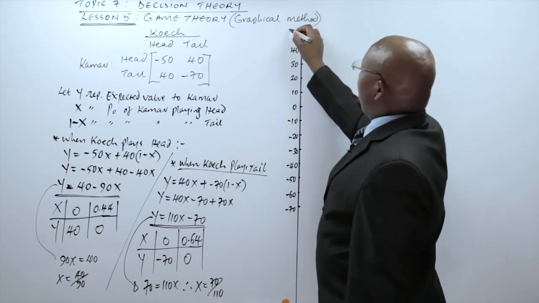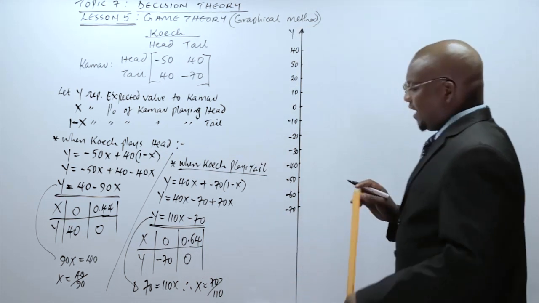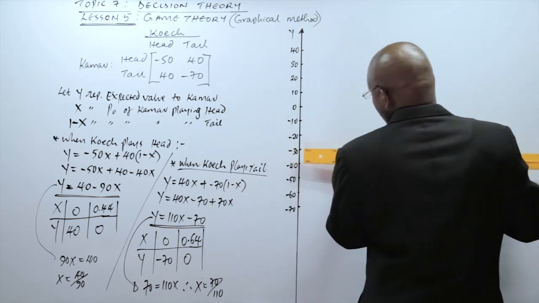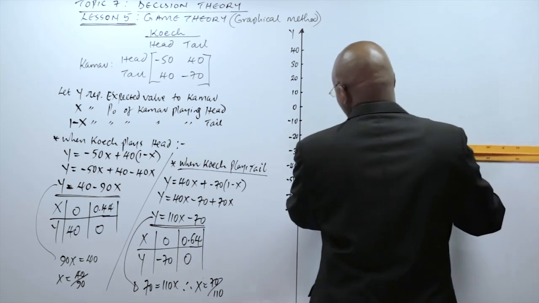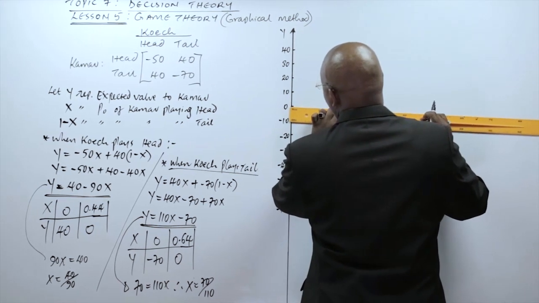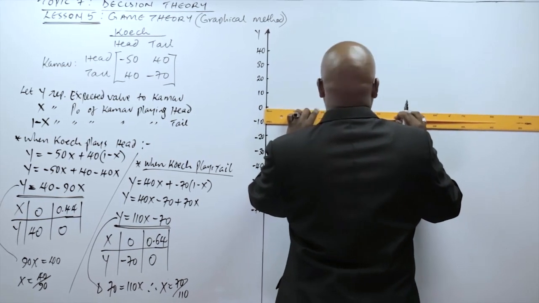That's my y. Then on the x-axis we're having up to 0.64. So you can have this kind of a scale, up to 6 there.